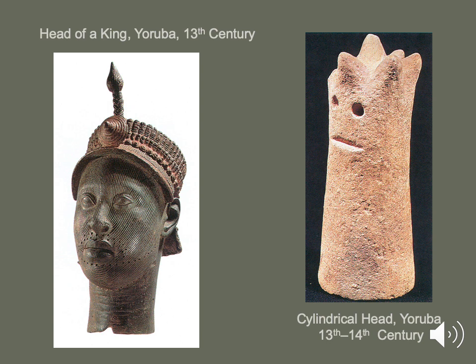So this is how the king looked on earth, okay? And the sculpture on the right, the cylindrical head, is a representation of his spirit. So a lot of the times abstraction can be used to describe things or to put into a physical form things that are not physical or things that cannot be seen.